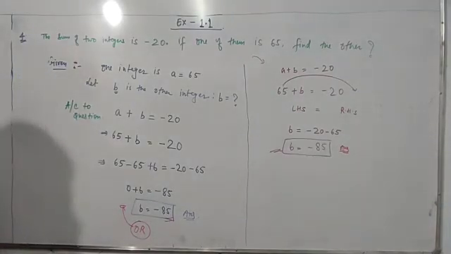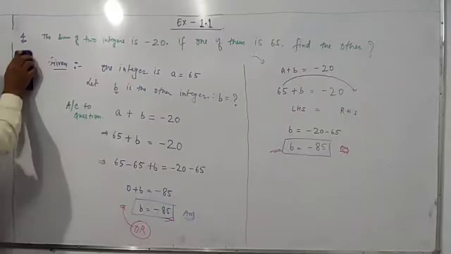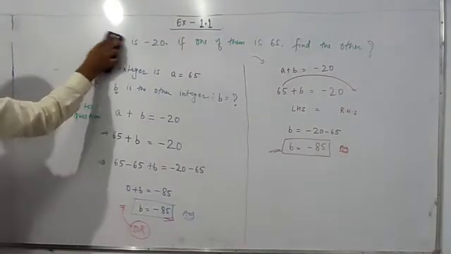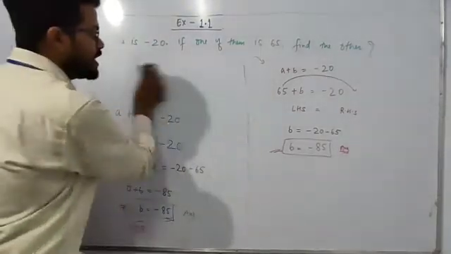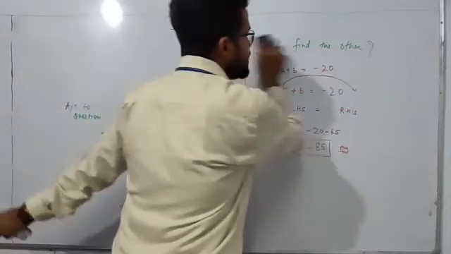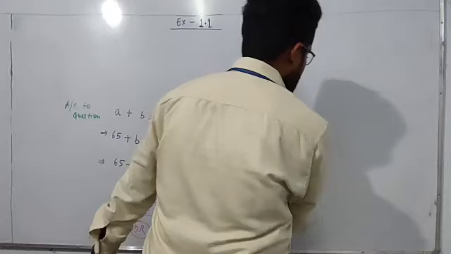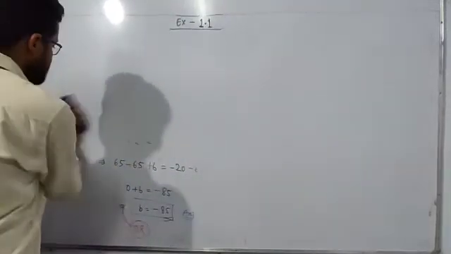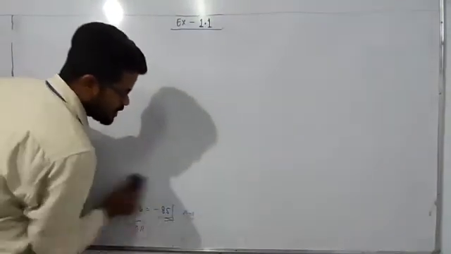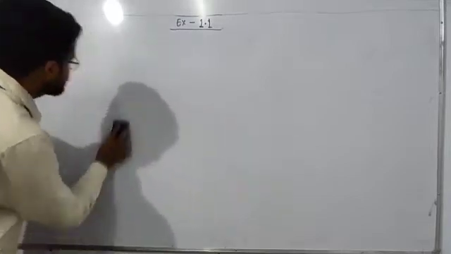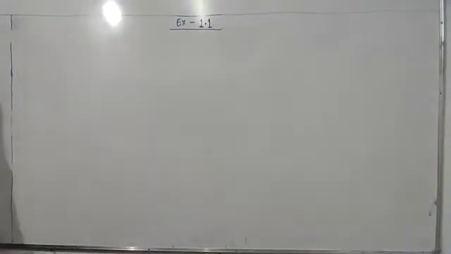Now, to the next question, you just pause the video and write it down in your notebook, then again resume the video. Now come to the next question, which is question number 5, and try to solve it in your own way.